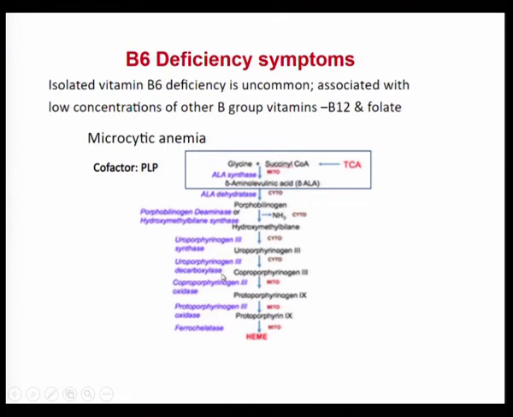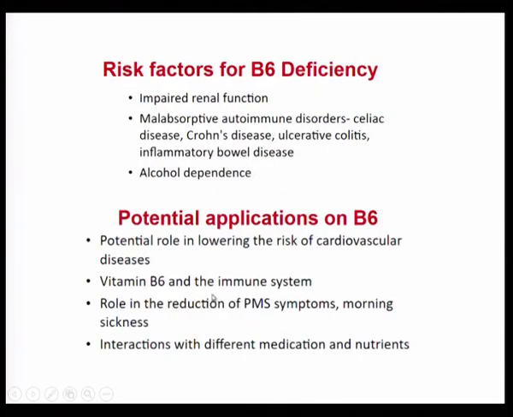Here we have an example of microcytic anemia. Since B6 deficiency is uncommon, the deficiency of B6 will also predispose this individual to B12 and folate related conditions or deficiency. So you see there what are the risk factors connected with B6 deficiency.